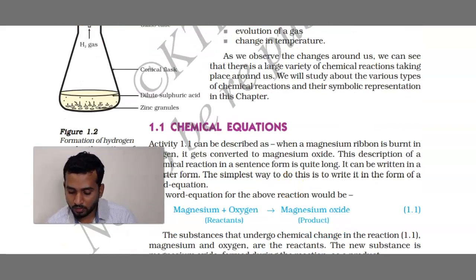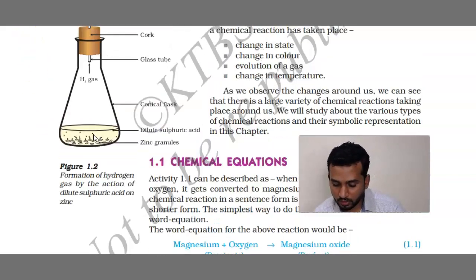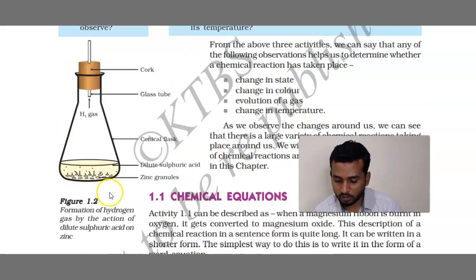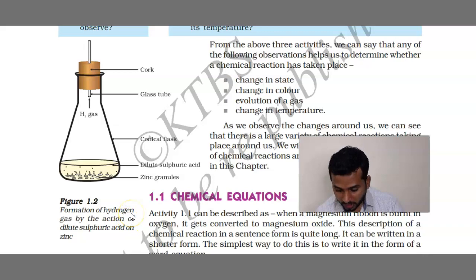Next topic. See here children. Here we can see a figure. Can you see this? Formation of hydrogen gas by the action of dilute sulfuric acid on zinc. Here the question will be asked like this: what happens when dilute sulfuric acid reacts with zinc?